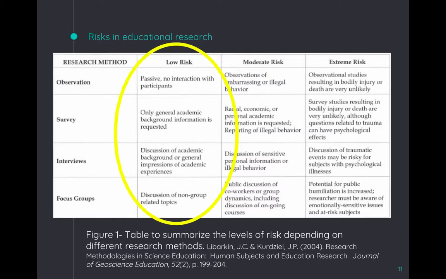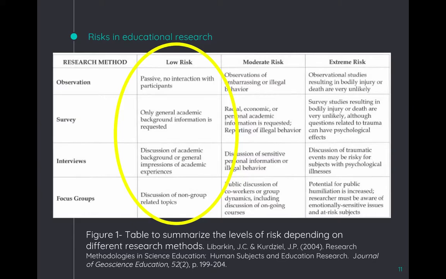However, some research can be moderate risk or maybe even extreme risk, depending on what it is that we are studying. In particular, moderate risk could be more common if we are doing some sort of study about students' grades, or something about drug use in school and the effects on attendance, for example. So these are the sorts of things that we need to be paying attention to as researchers in education.